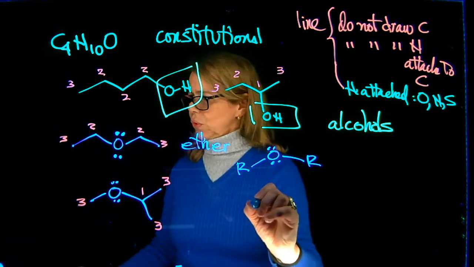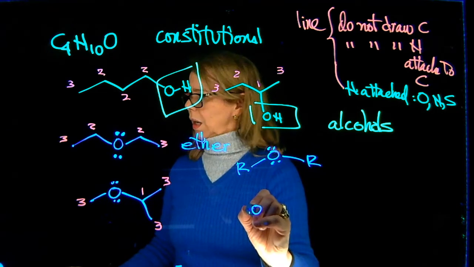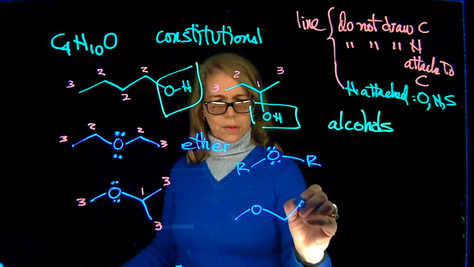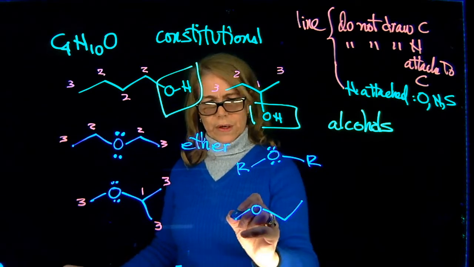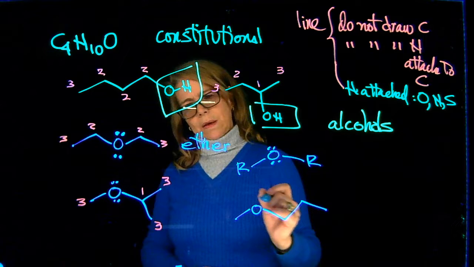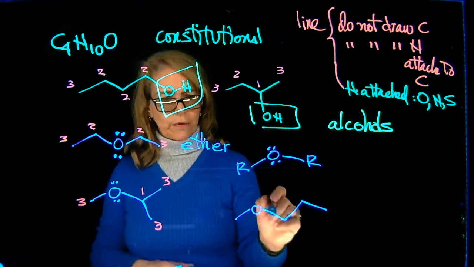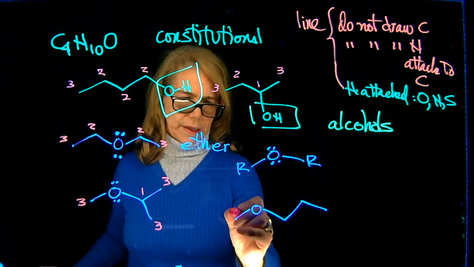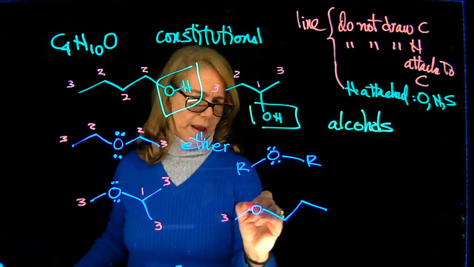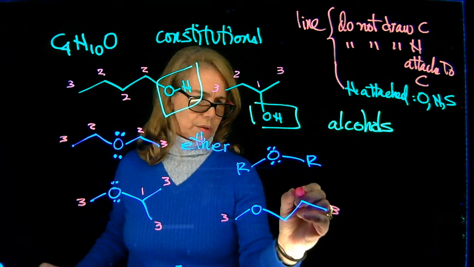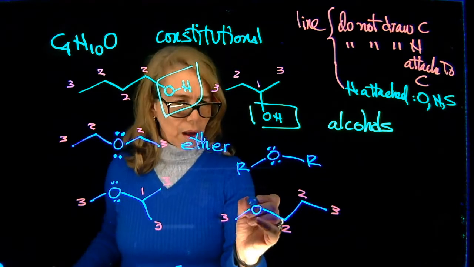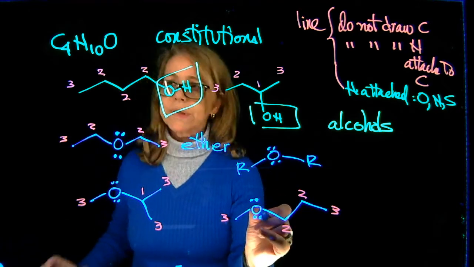Yes, I do. I can have this one, which will be different still. I will have 3 carbons here and 1 carbon here. Counting hydrogens, I have 3 here, 2, and 2. That's all of my count. All of those are constitutional isomers sharing that formula.